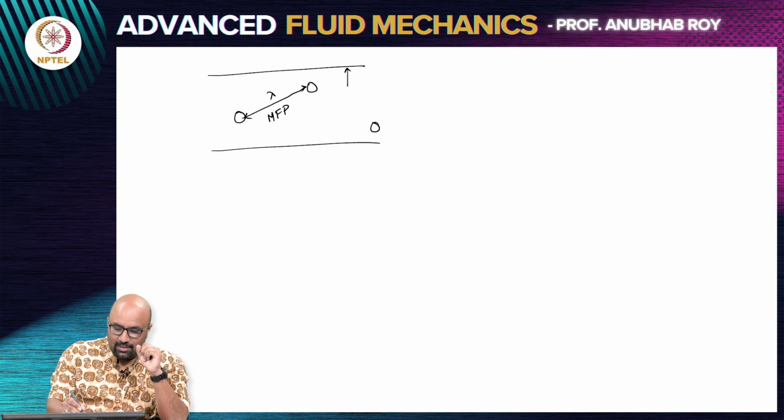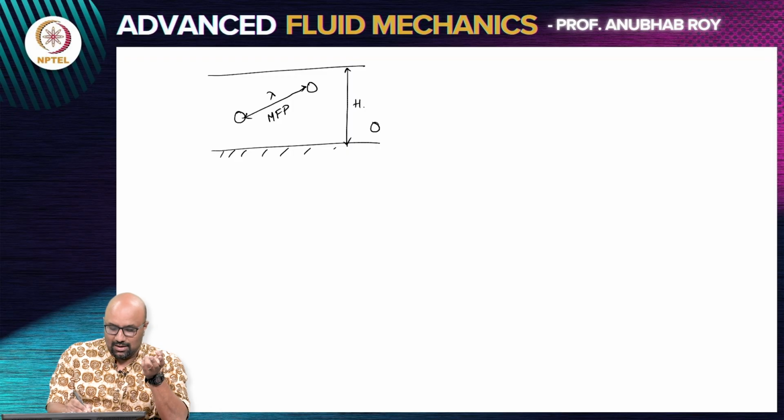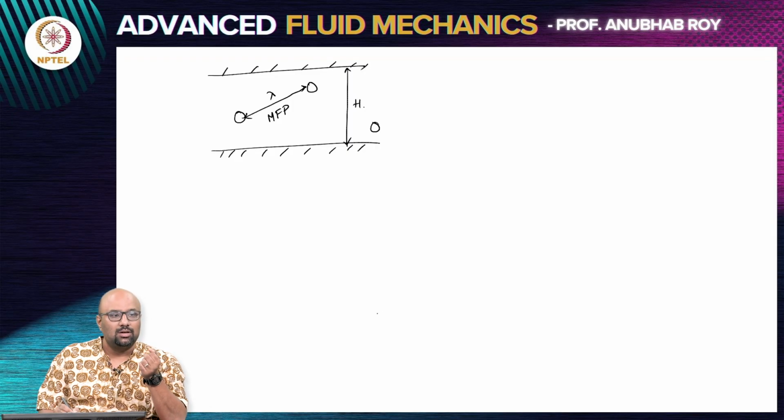And then you have a dimension here, which is the gap between, let's say, the two solid surfaces. So now you can automatically start to see. Let's say you have a channel, you are trying to push gas through that channel. Now there is a parameter here which is the mean free path of that gas molecule divided by the system size.